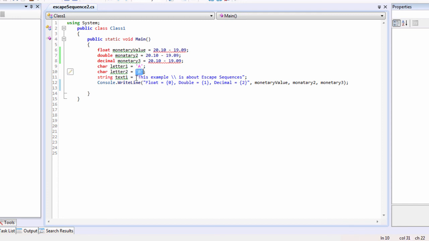Now you see the difference, because a character means a single letter, maybe. Characters actually means the things that you see on your keyboard.